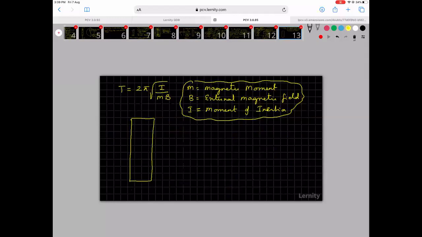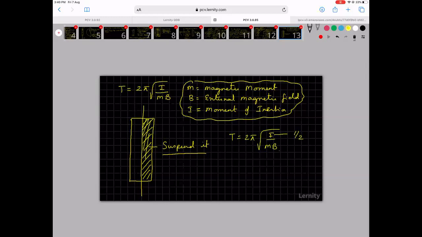So now if I cut this and take half of it and then I suspend it, what is the time period for oscillations for this? We said T is equal to 2 pi root over of I by mB. If you cut it, what will happen to I?